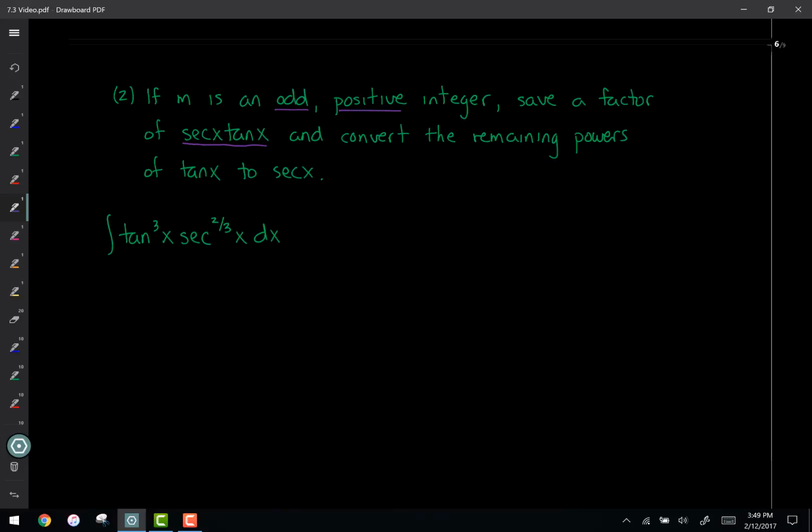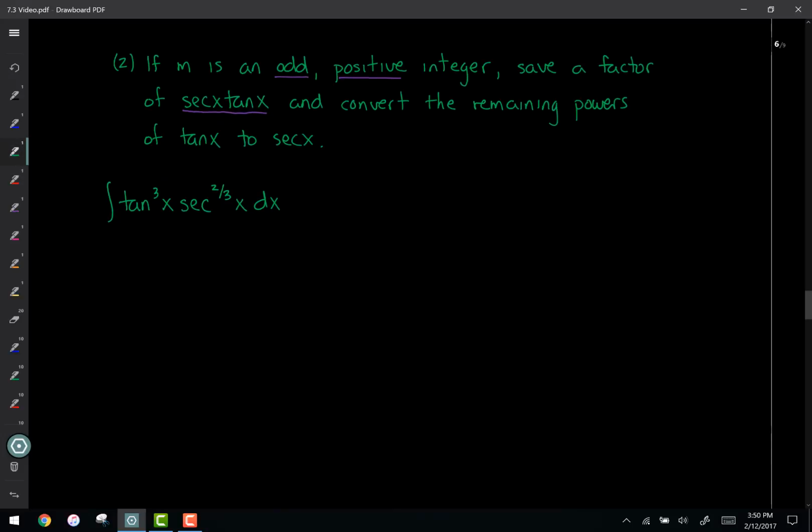So we have here the integral of tangent cubed x times secant to the 2/3 x power. Okay, so this isn't going to matter. The only thing that we care about is right here. Okay, we have an odd power on tangent. So we want to peel off a secant times a tangent. So if I take a tangent out of tangent cubed, you're left with tangent squared x.